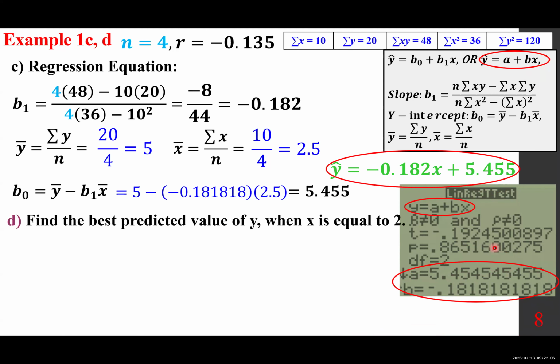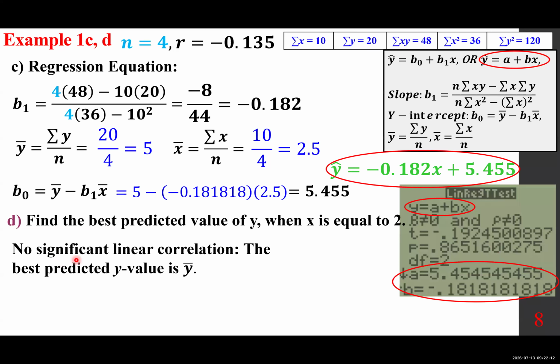Find the best predicted value of y when x is equal to 2. Here's something very important to understand. No significant linear correlation. This is what we came up with. The best predicted value for y is always y bar in that case. R was negative 0.135, so y bar is the answer, 5.